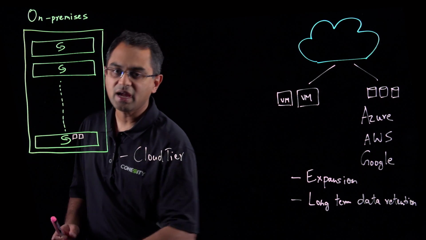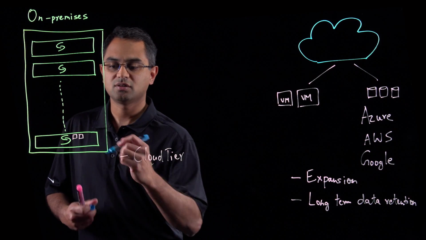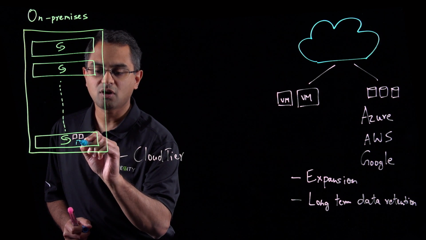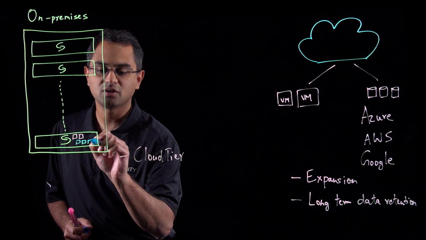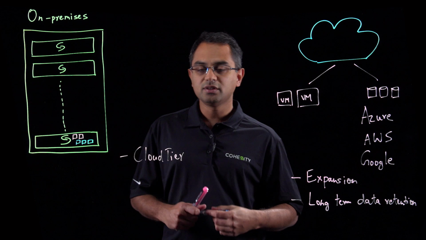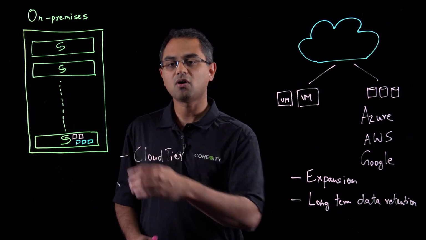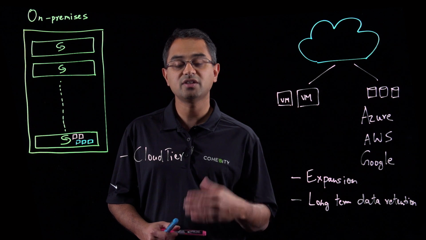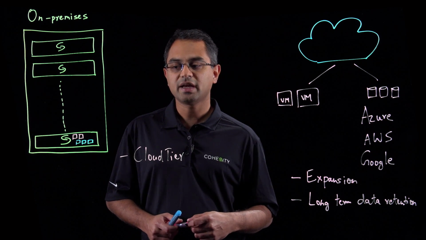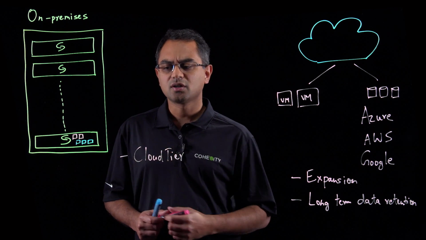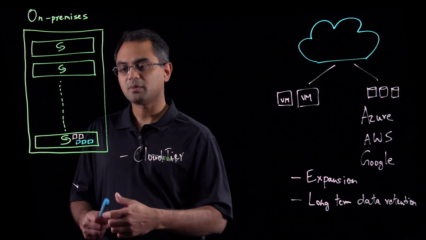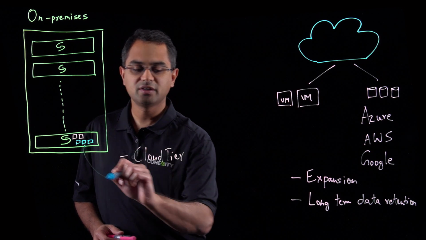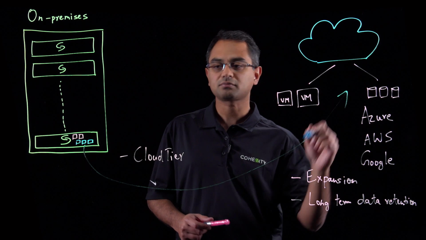And then you may have other blocks or chunks that are not in access for certain long periods of time. So in those cases, when the on-premises utilization of the Cohesity infrastructure reaches a certain threshold, then these cold blocks from the on-premise world can be tiered off into the cloud.